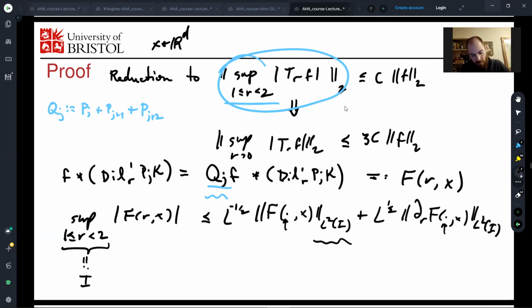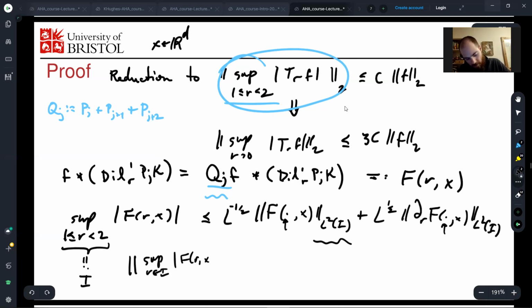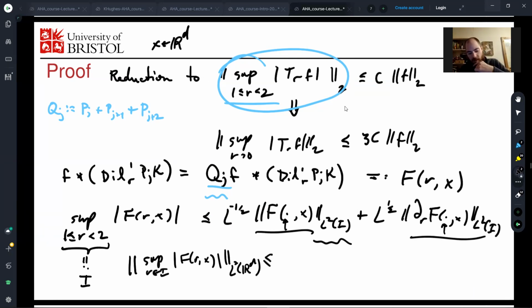And how do you do that then? Well, if I take this sup over r and I do actually take the L2 norm, oops, I don't want it in R, I just want it in X. Then this is less than or equal to the L2 norm of this whole thing in terms of X and this whole thing in terms of X. The factors of L don't impact that L2 norm.